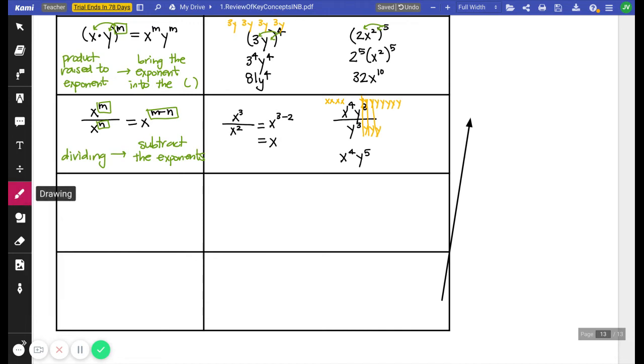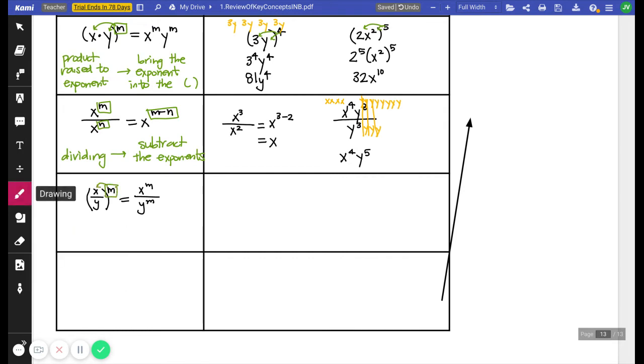If we have a case, kind of like we did before, where we've got this xy in parentheses with an exponent on the outside of the parentheses, that exponent gets brought into those parentheses. It is essentially moved to the top and to the bottom.